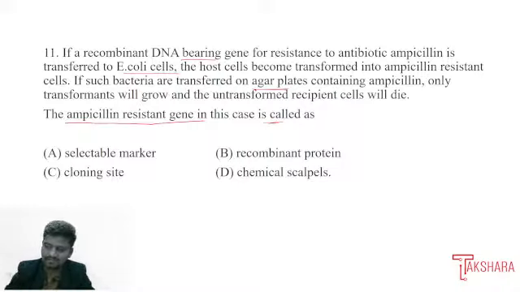So for question number 11, option A should be the correct one. It will act as a selectable marker. So recombinant DNA always carries selectable markers such as ampicillin and, for example, the tetracycline gene. It has a very important role in the identification of transformed and non-transformed cells.